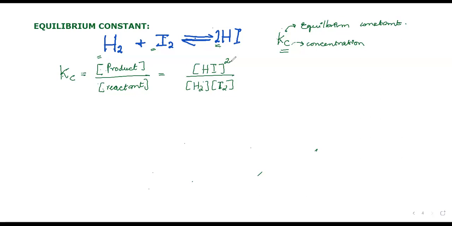What if we change the equation? What if we have N2 plus 3H2 gives us 2NH3? What now? Again, if you want to make our expression, we will do product over reactant.